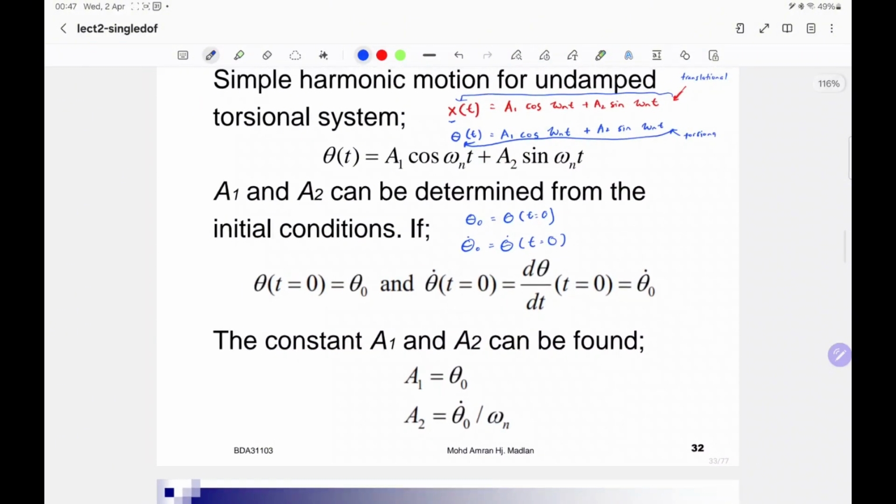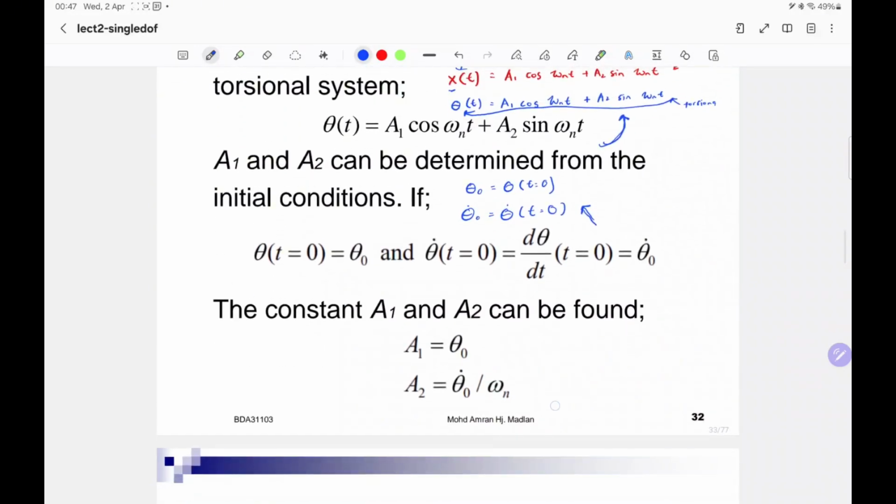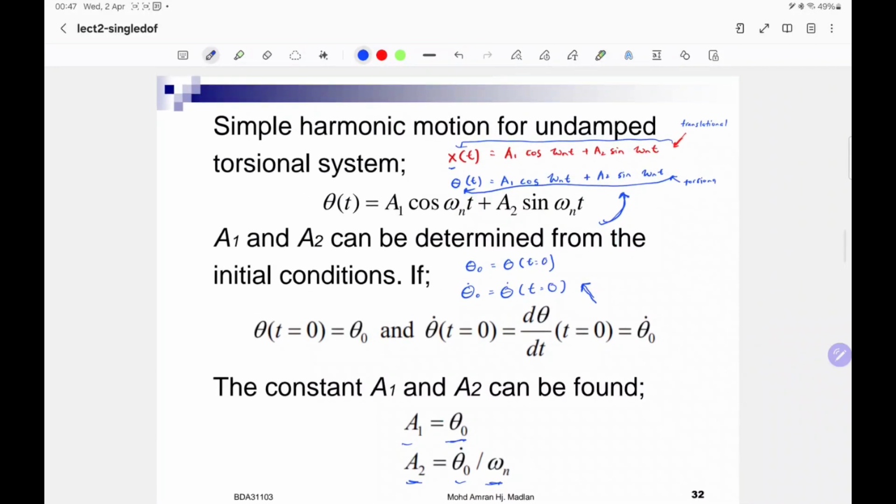The rest is the same. Using these initial conditions, on your own try to determine the a1 and a2 values. In the end you will get a1 equals theta naught, and a2 equals theta dot naught over omega n. This is the difference between torsional and translational system.